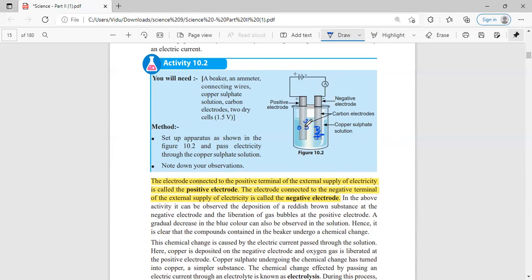A gradual decrease in the blue color can also be observed in the solution. These are three observations that you can see from this activity.